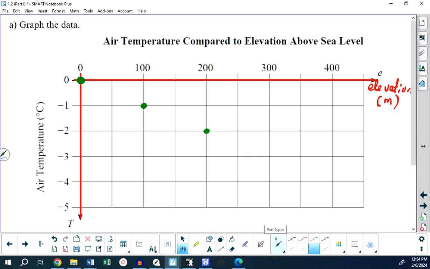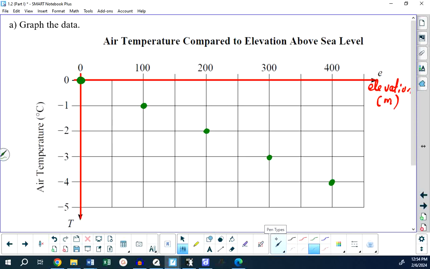If that rate is constant, then every time x changes by a fixed amount, y will change by a fixed amount. 300 drops again. Go up another 100 meters to 400, drops again. I want to make sure I plotted those correctly.